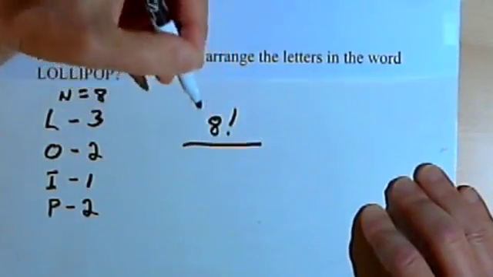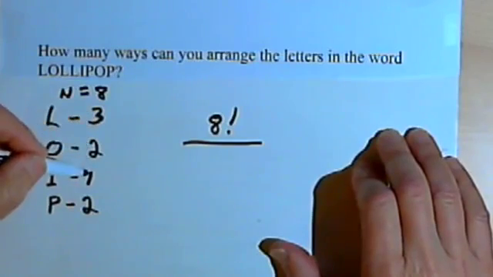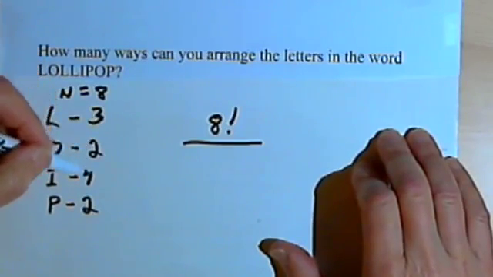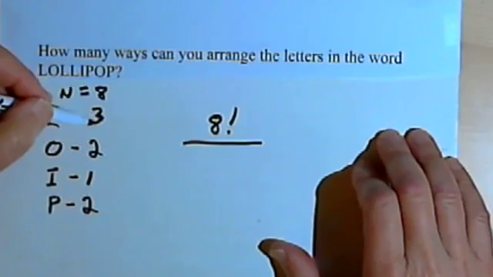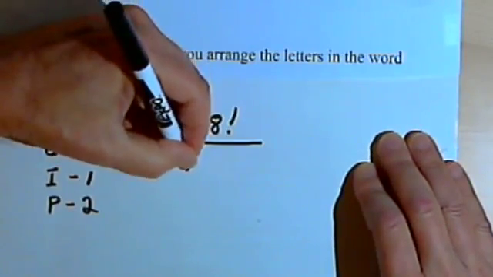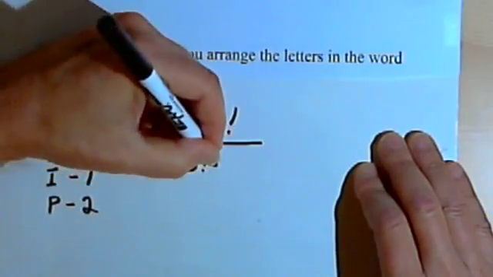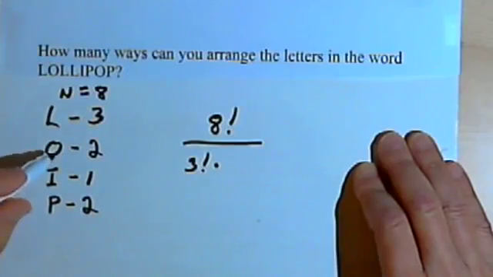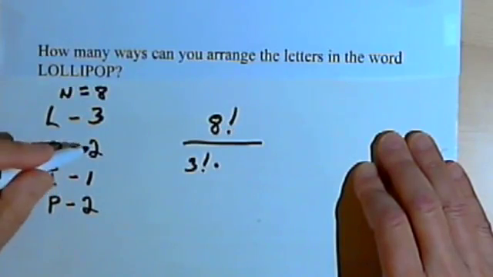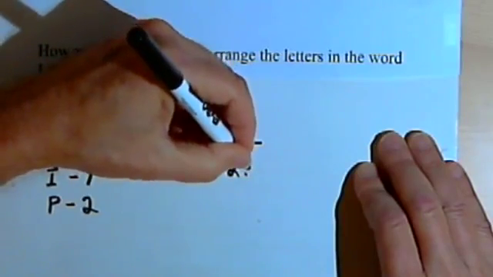In the denominator, for each of the elements that repeats, we take the number of times it repeats and we get the factorial of that number. So the L repeats 3 times. That means in the denominator, I want 3 factorial. Then I'm going to multiply that 3 factorial by the number of times that O repeats. O repeats twice. So we multiply it by 2 factorial.